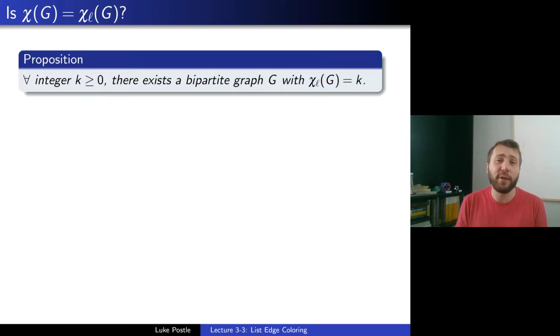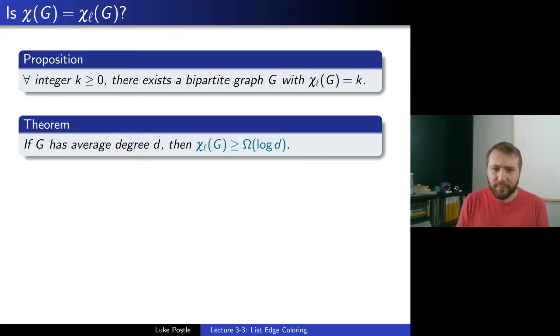You might know a well-known proposition that for every integer k at least 0, there exists a bipartite graph G with chi L of G at least k. So bipartite graphs, which have chromatic number 2, can have arbitrarily high list chromatic number. And even more surprisingly, a theorem by Alon says that if G has average degree d, then chi L of G is at least omega of log d.